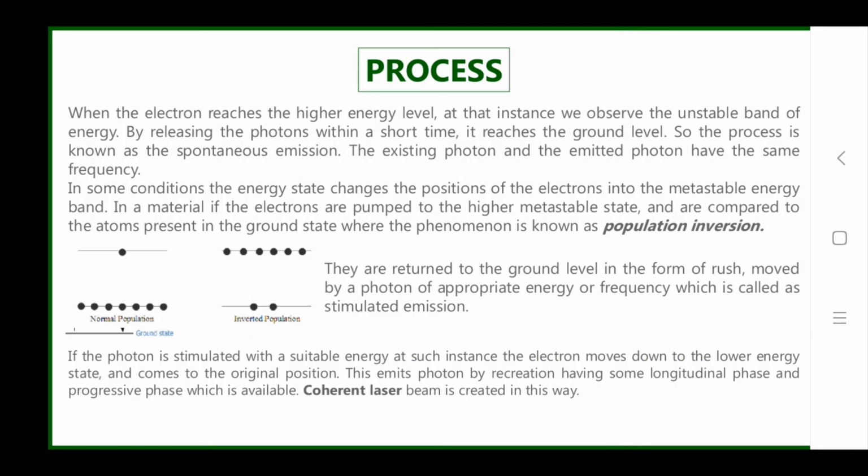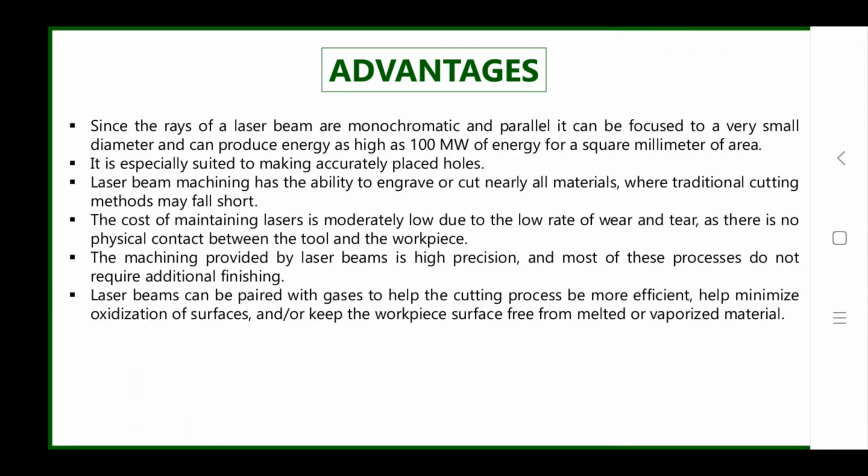In the same condition, the energy state changes the position of the electron into the metastable energy band. In a material, if the electrons are pumped to the higher metastable state and outnumber the atoms present in the ground state, the phenomenon is known as population inversion. So this is about the process.